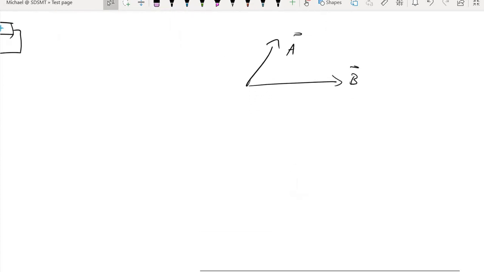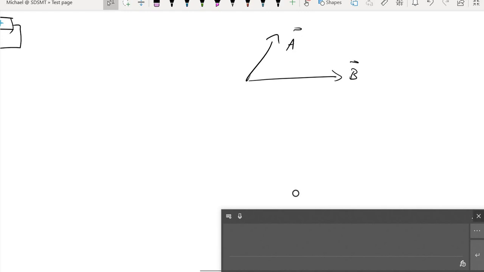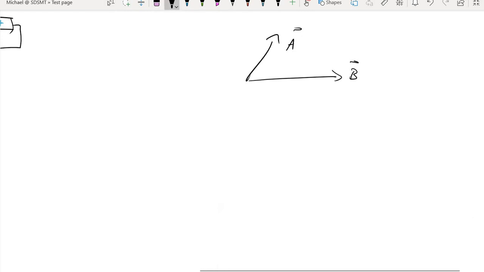Drawing 3D on a 2D surface is not that easy, but we don't want to try. We kind of want to stay away from trying to draw 3D on a 2D surface if we can avoid it at all.